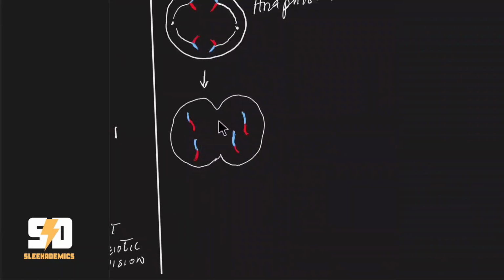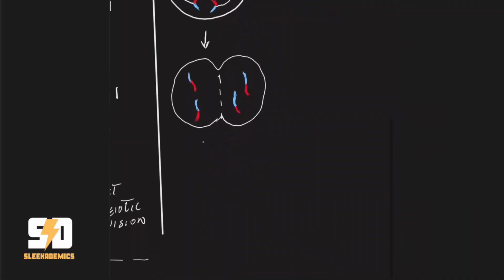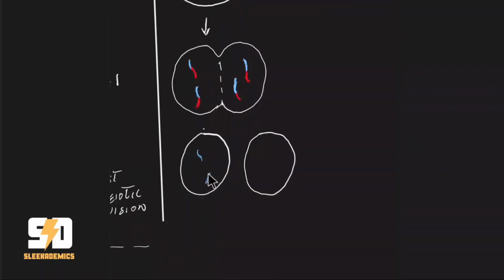In each of the cells where cytokinesis, we also see that the cell completely divides, so we now have individual or independent daughter cells, and in each daughter cell we will have this. Now we have 2 chromosomes or 2 chromatin threads in each of the daughter cell. That is half of the number that the parent cell started out with. These are haploid daughter cells.